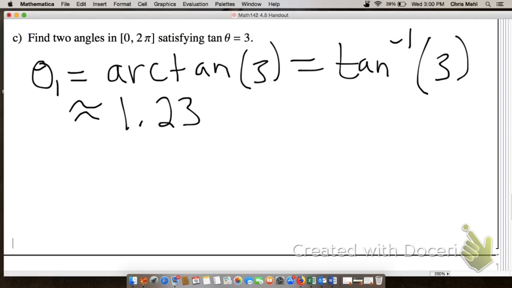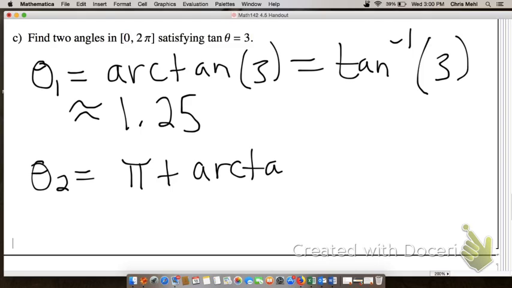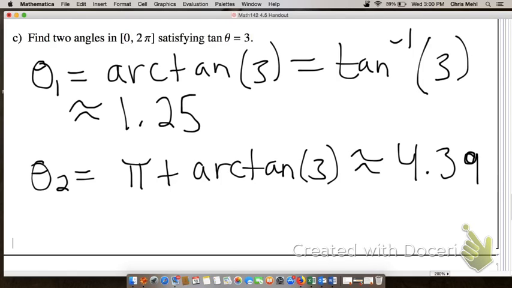Oh, not really 1.23, check for yourself, but it's really rounded to 2 decimal places, 1.25. And the next angle is always pi plus the previous one given by arctan of 3. Plug this in the calculator, and we get 4.39.